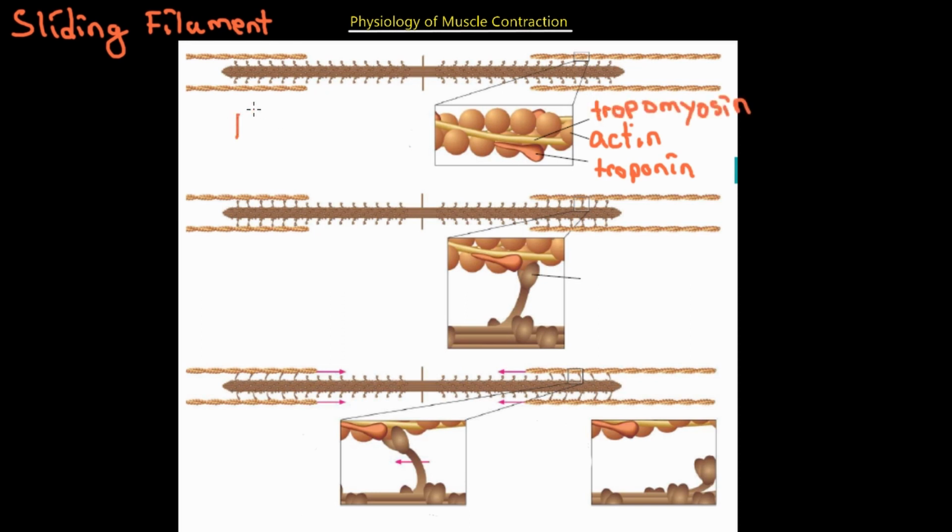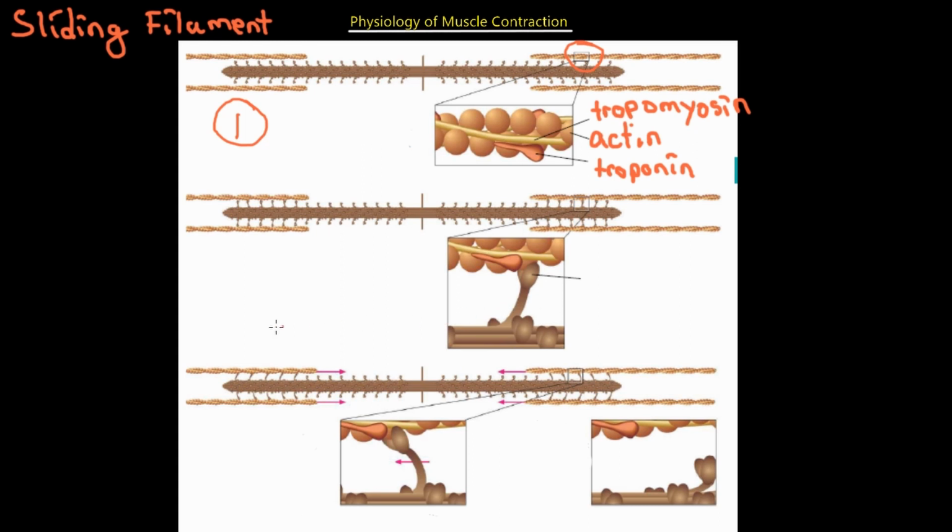And so the first thing that occurs is when a muscle is relaxed, the tropomyosin and the troponin are sitting in a position in the actin filament that prevents myosin from binding. As you can see, if we're zooming in on this actin, during a relaxation period, when the muscle is not contracting, the tropomyosin and the troponin are in positions where they block the binding of the myosin head.